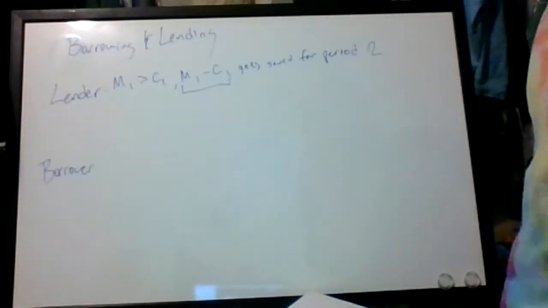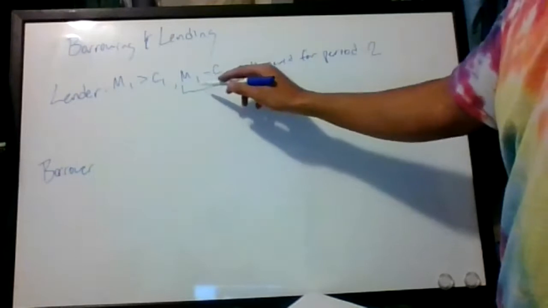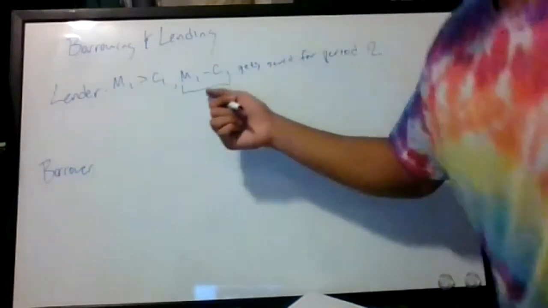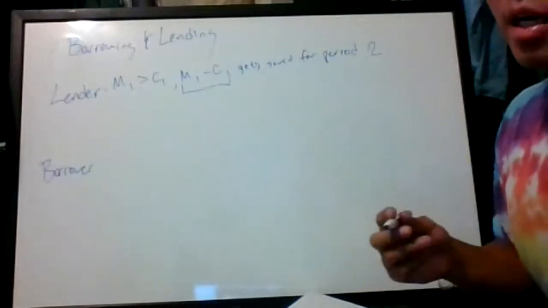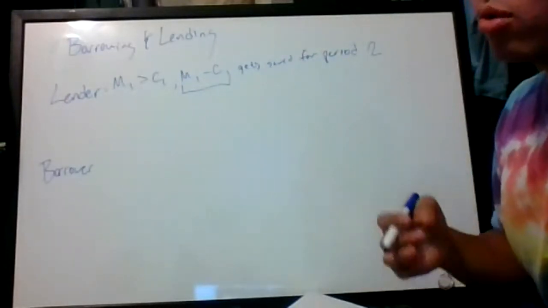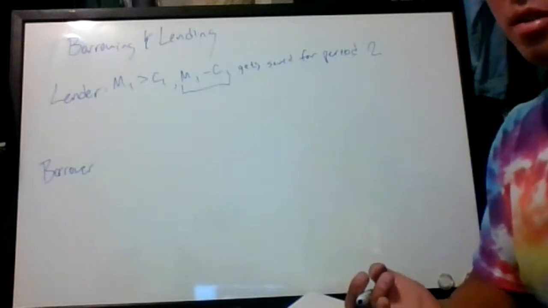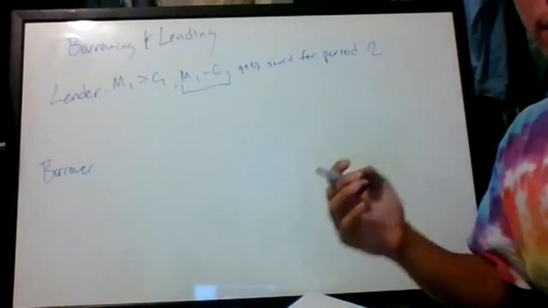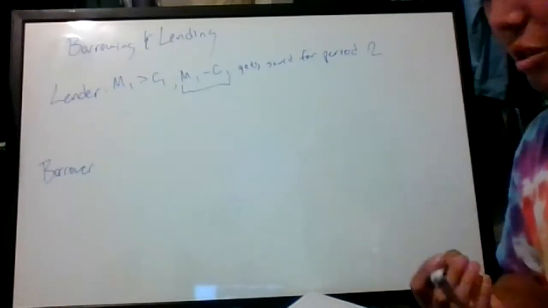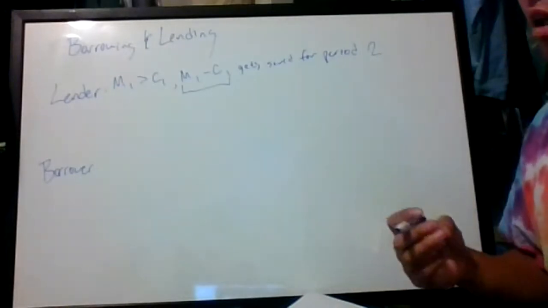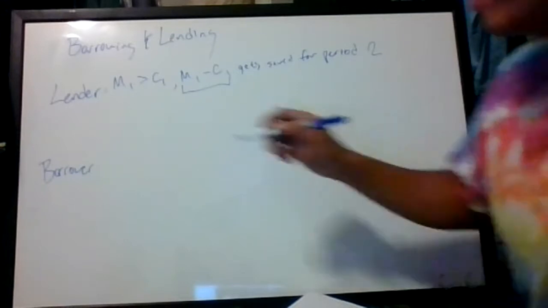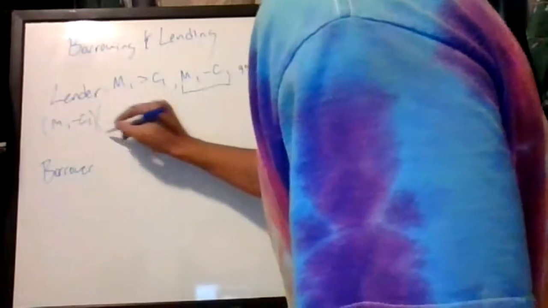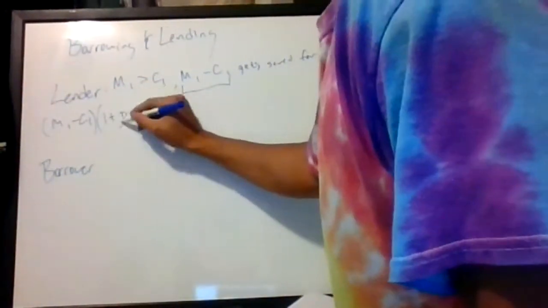And so this difference gets saved for period two, and we're going to say that it grows at the rate of interest. If you imagine how you guys have your own bank accounts, that money is going to grow at a certain interest rate, which is super low right now, by the way. But we're going to say that M1 minus C1 is going to be multiplied by 1 plus rho.